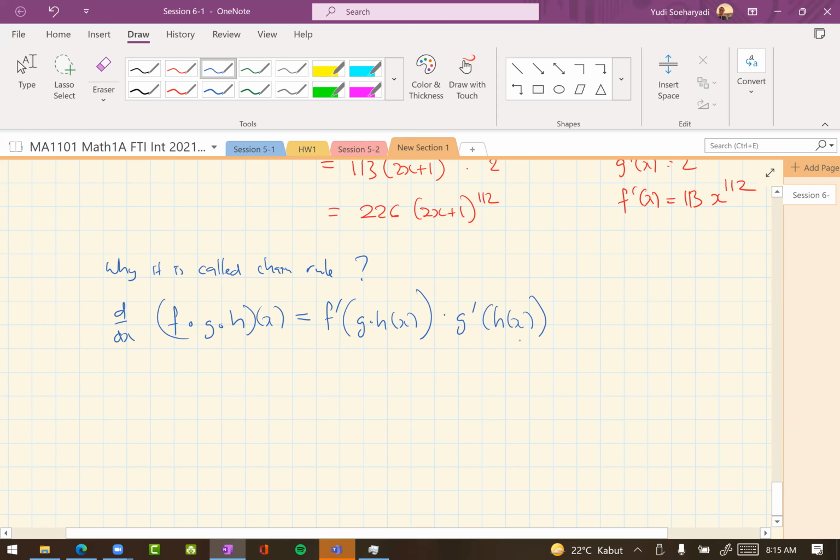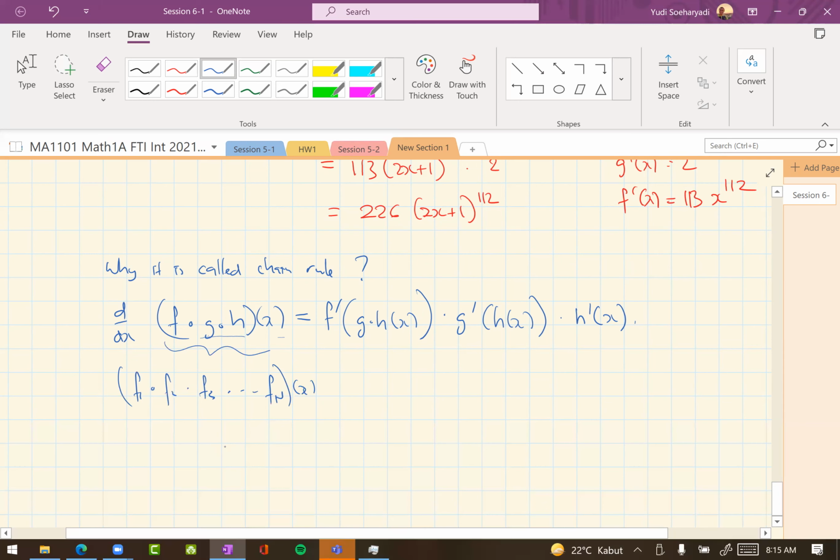Okay, times, okay, so you're going from outside, so f prime computed at this, g prime computed at this, h prime. Okay, so you can go on and on making this chain, like f1, f2, f3, dot, dot, dot, f, and x, for example.